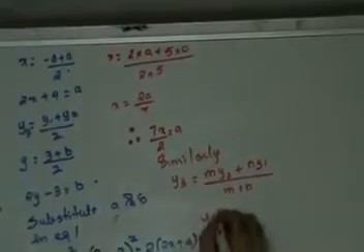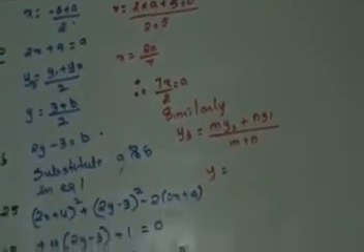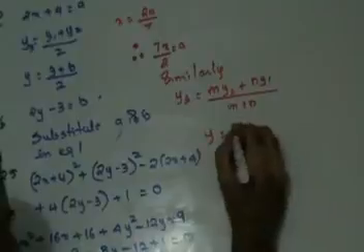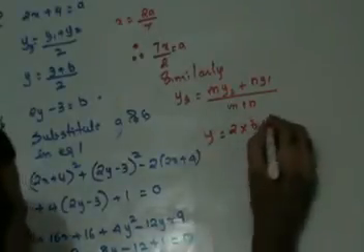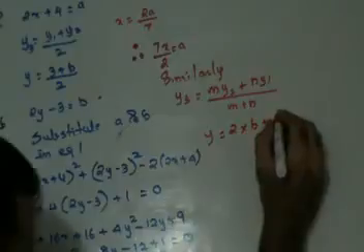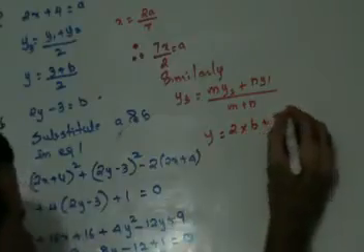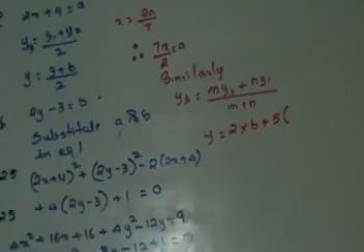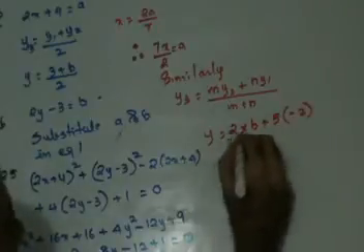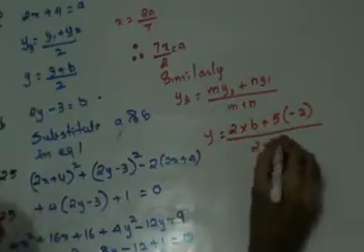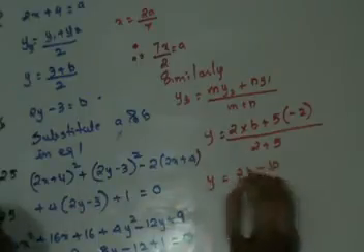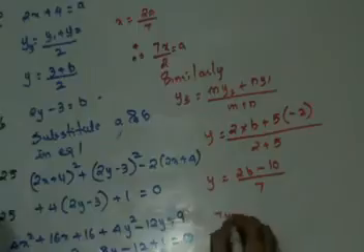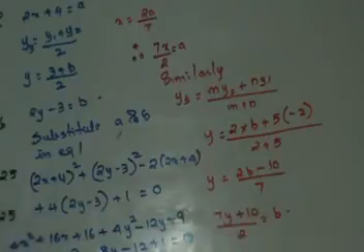So you will get y is equal to m is given to you as 2 into y2, y2 is given to you as b, plus n is given to you as 5, y1 is given to you as minus 2, upon m plus n. So you will get y is equal to (2b minus 10) upon 7. So (7y plus 10) upon 2 is equal to b.